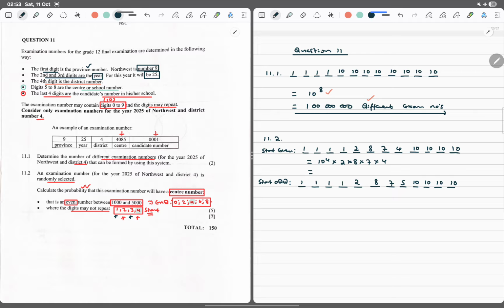So 10 to the exponent 4 times 2 times 8 times 7 times 4, right? So we get 4,480,000 exam numbers.